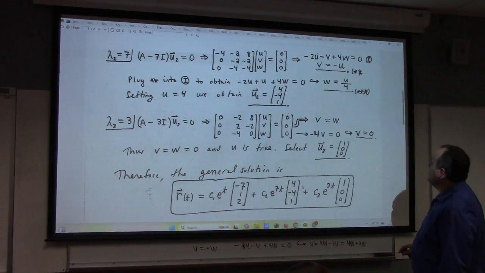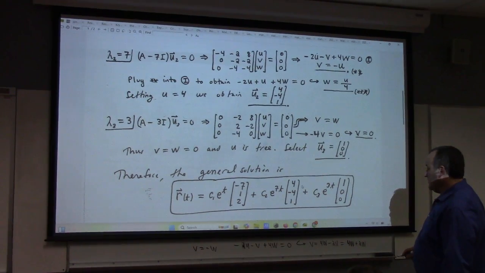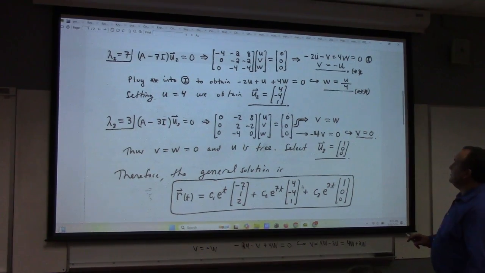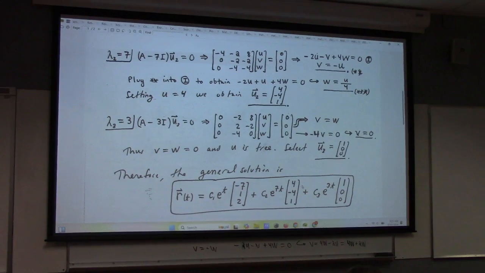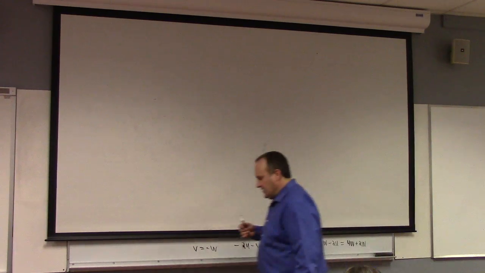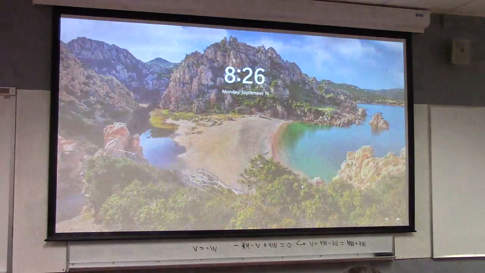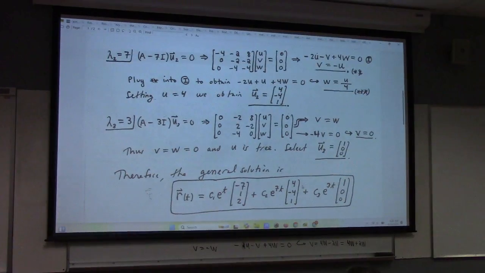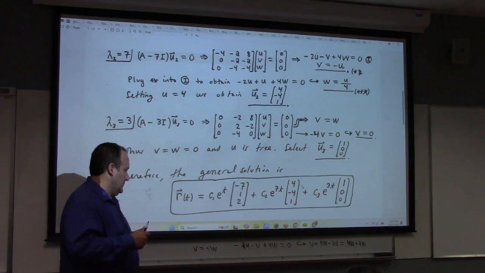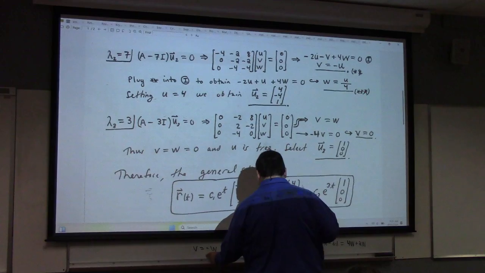Hold on a second. I have v equals minus w. Which variable am I going to keep here? I'm going to keep the w.